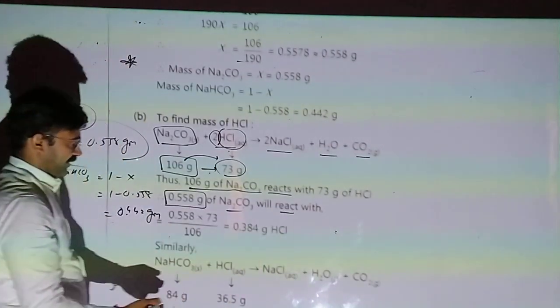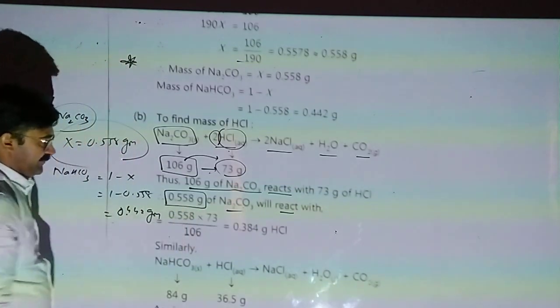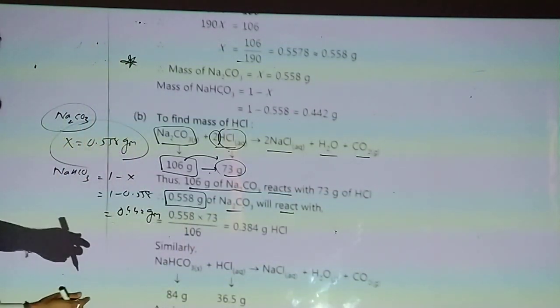Na2CO3 will react with how much HCl? So 73 into 0.558 upon 106 gives 0.384 gram.